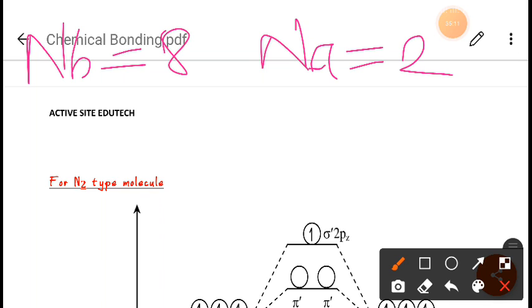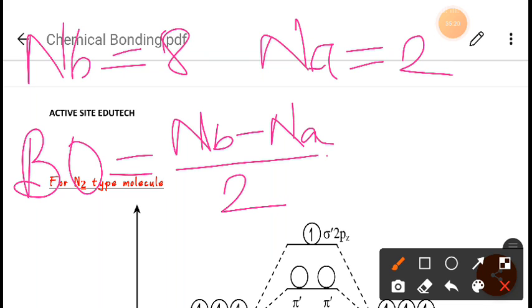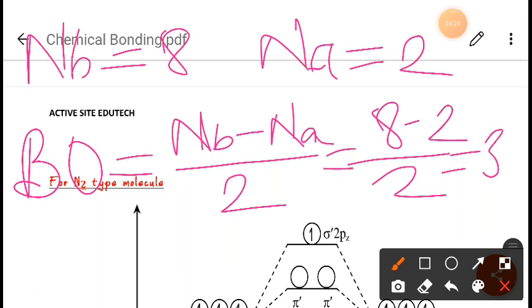Now if we are asked to find the bond order, we know it is Nb minus Na by 2, which will be 8 minus 2 by 2, which will be 3, right? I hope you have understood the formation of this molecule.